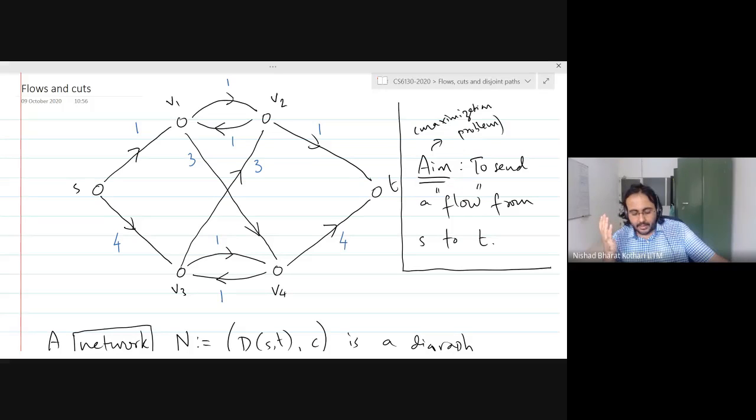But the point is, in order to solve harder problems, one first needs to understand how to solve the most fundamental of problems. And flows were actually used heavily, unfortunately, also in many wars, to optimize the operations of various countries and armies. So all the way from industry to warfare, flows have been extremely useful in optimization.